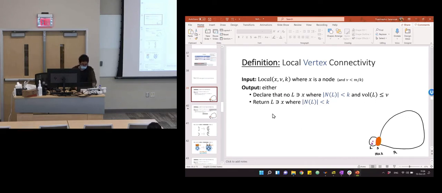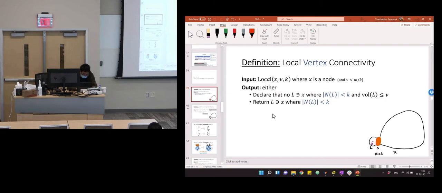Either you say there is no such cut, or you return such a cut L such that the neighbor set is small.